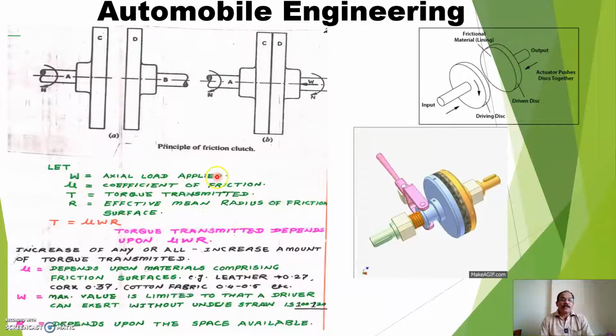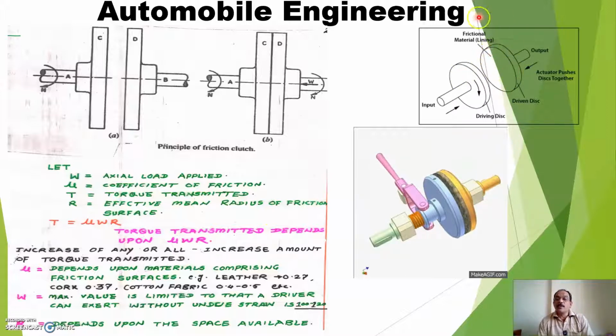Let W be the axial load applied. Mu is the coefficient of friction between these two surfaces. T is the torque transmitted, whatever the rotational torque available here, whatever the power developed in the engine, that is nothing but the torque. R is the effective mean radius of the friction surface.